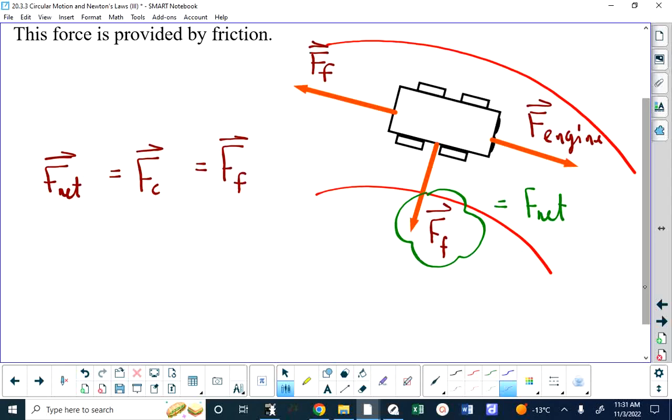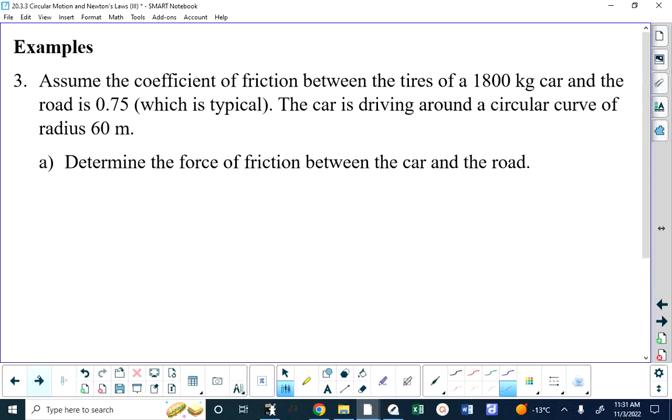All right. So, assume that the coefficient of friction between the tires of an 1,800 kilogram car on the road is 0.75, and I'm pointing out to you that that's pretty typical. Unless it's icy, like it was yesterday morning, in which case the coefficient of friction might be 0.1 or 0.2, as I found out when I left my driveway and just kind of slid down a little bit.